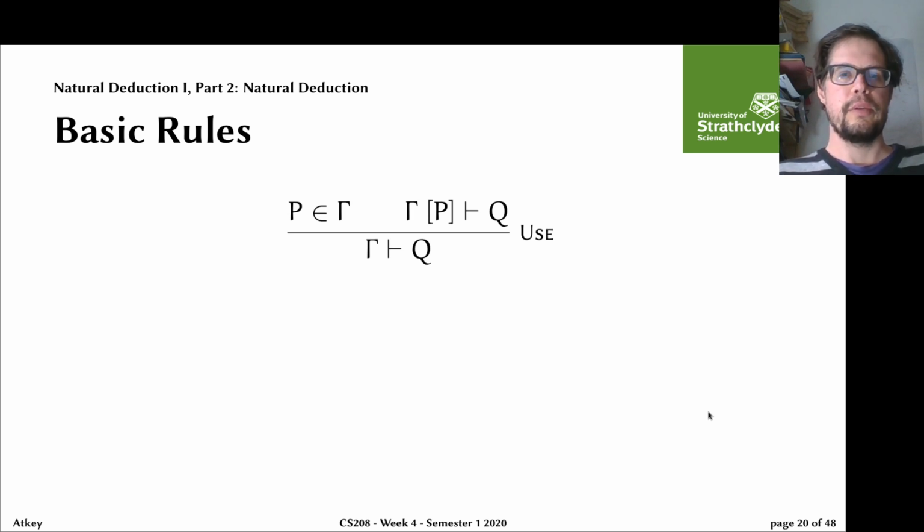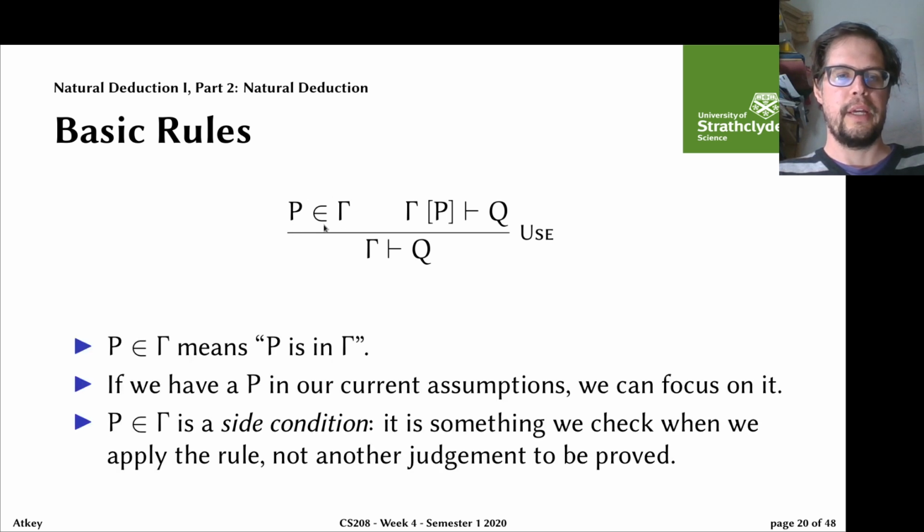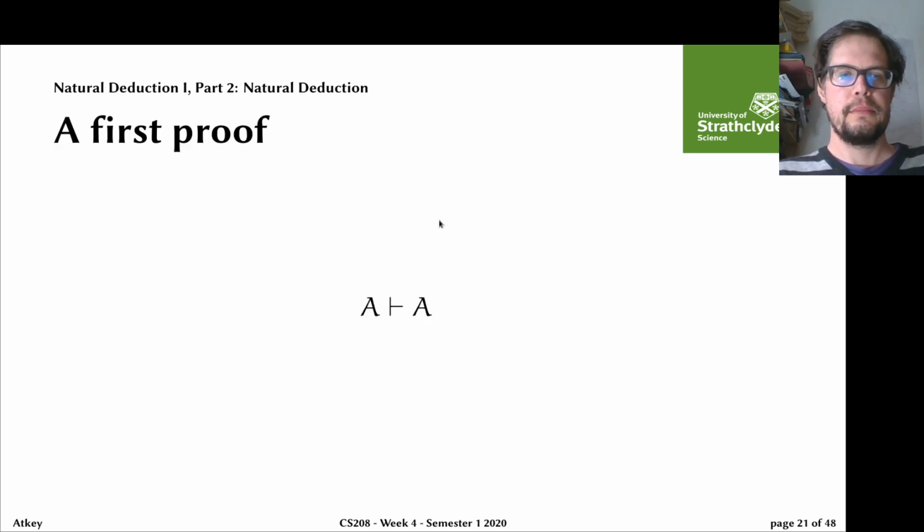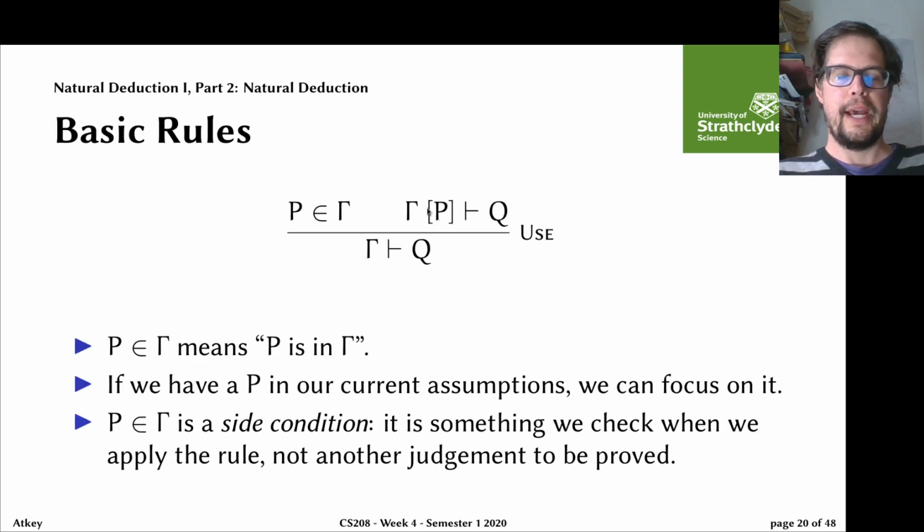The other basic rule is how we get something into focus. So let's say we're trying to prove that some list of assumptions gamma proves Q. Now one way we could do this is by selecting one of the assumptions in gamma. This symbol here means that P is in gamma, and we focus on that assumption. So we add it to our focus.